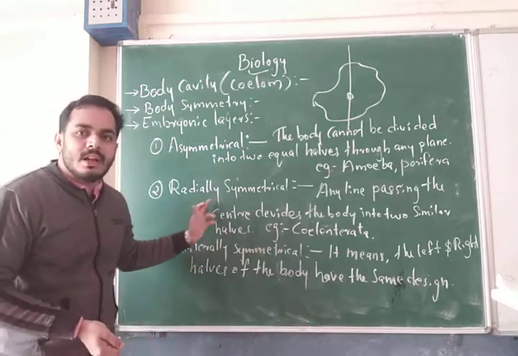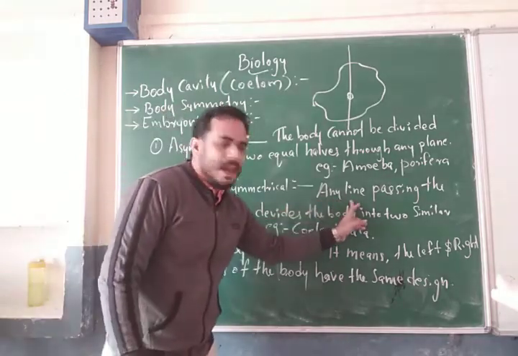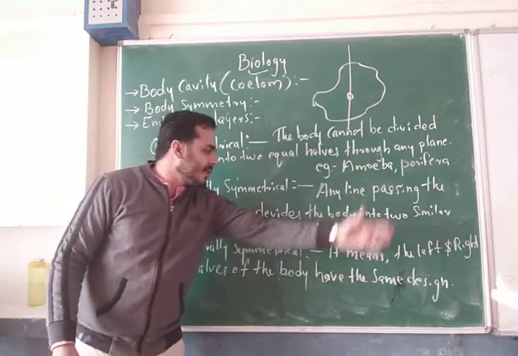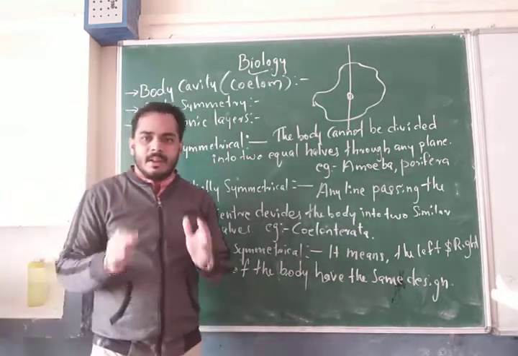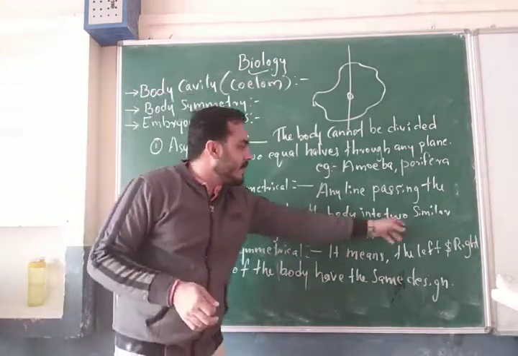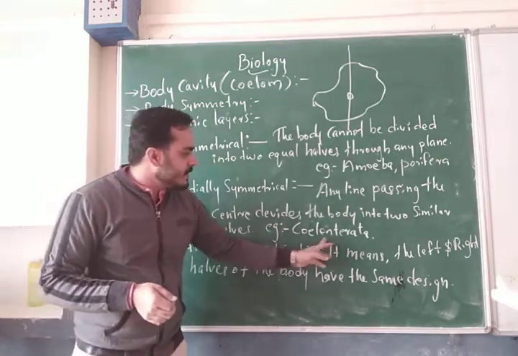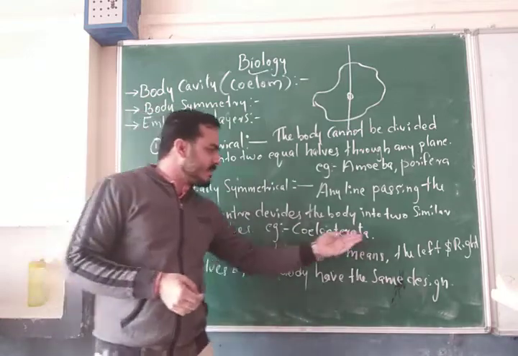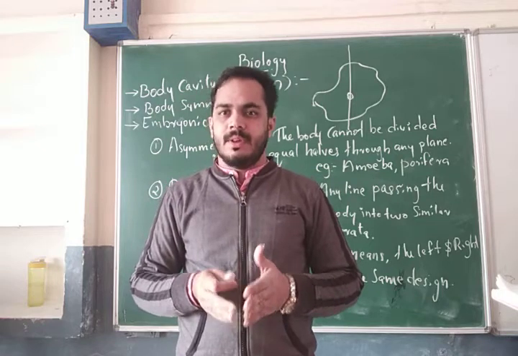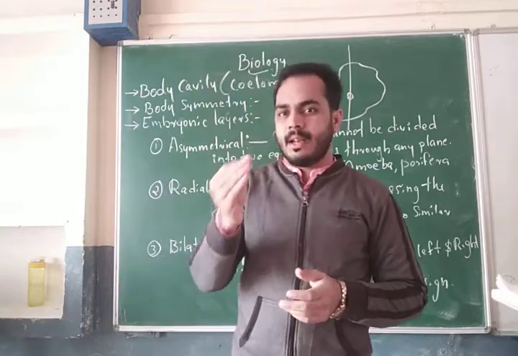So this is called asymmetrical. And next one, radially symmetrical. Any line passing through the center axis divides the body into two similar halves. For example, Cnidaria. When these organisms are divided through the center, we get equal halves. That is radially symmetrical.